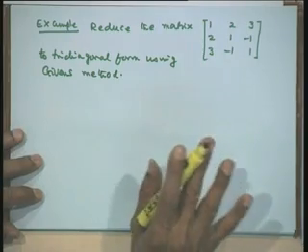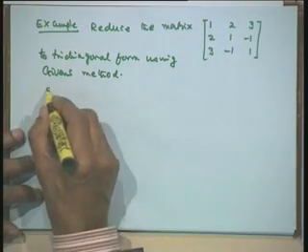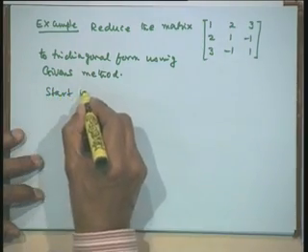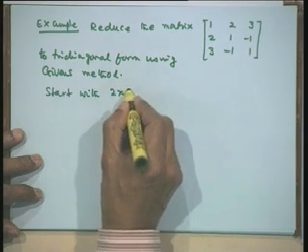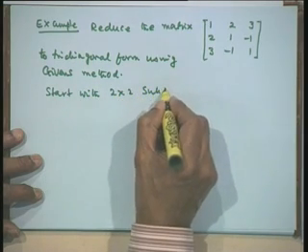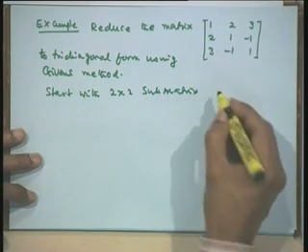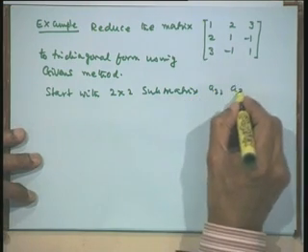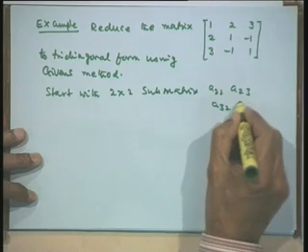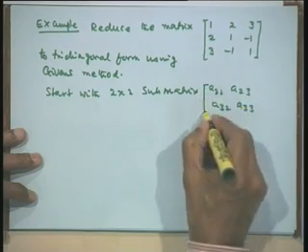Now, we start with always 2 into 2 submatrix. That is your A22, A23, A32, A33.